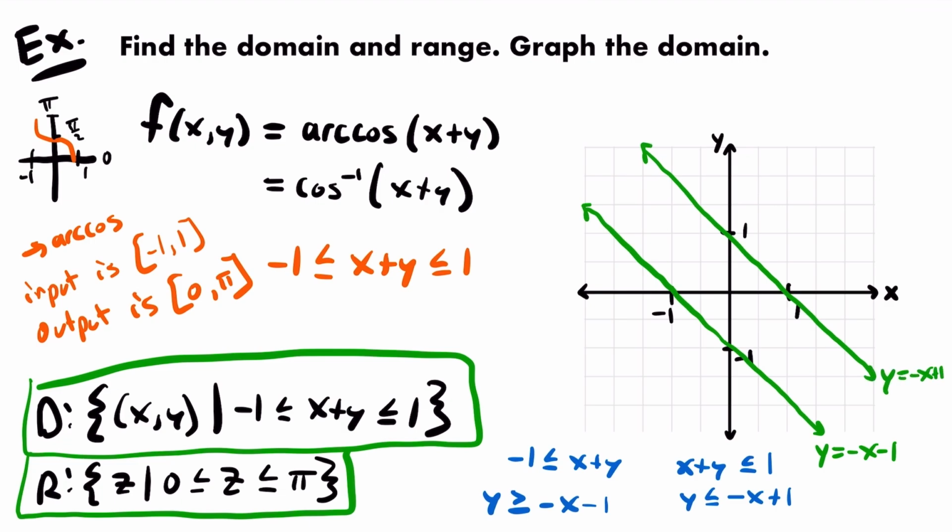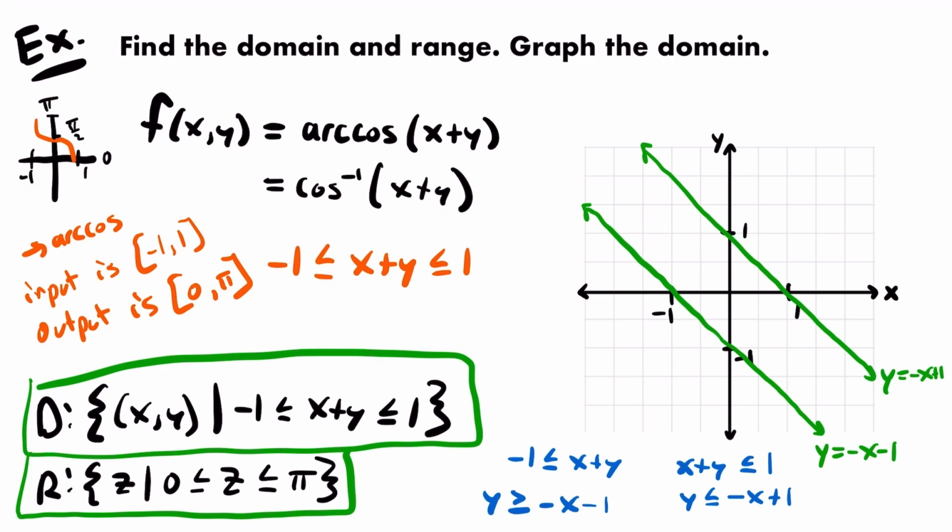But now let's actually take care of the fact that these are inequality signs. For this line, which is this one right here, we're looking at y values greater than or equal to the line. So that would be all values above this line. And then for this one, we're looking at y less than or equal to that line. So we're looking at all the values below it. So the shared region between these two inequalities is all the points between those two lines.